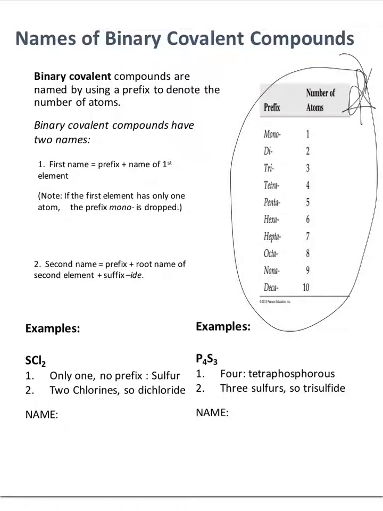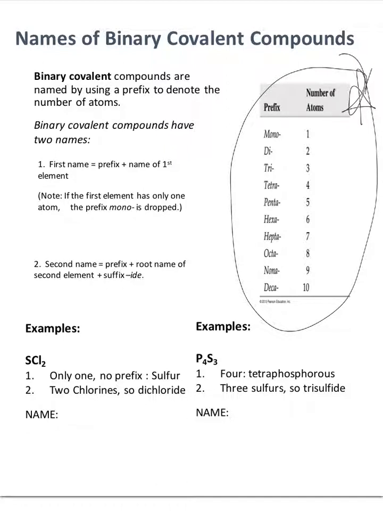So again, just pulling the name right off the periodic table. With the second name, it's kind of the same as ionic naming. So you're going to pull the name directly off the periodic table. You're going to drop the ending, and you're going to add IDE to it, just like you would with your ionic names. But now what you're also going to include is the prefix.